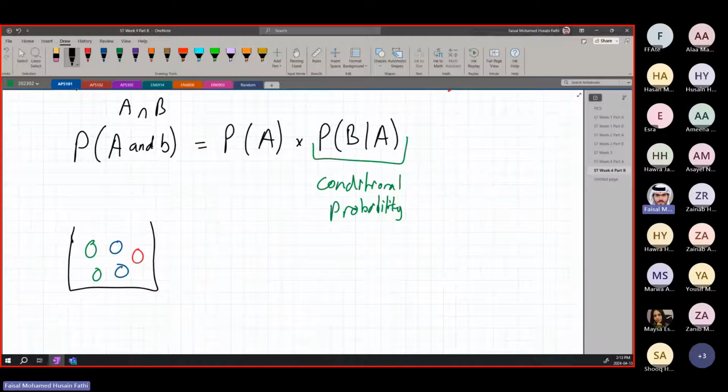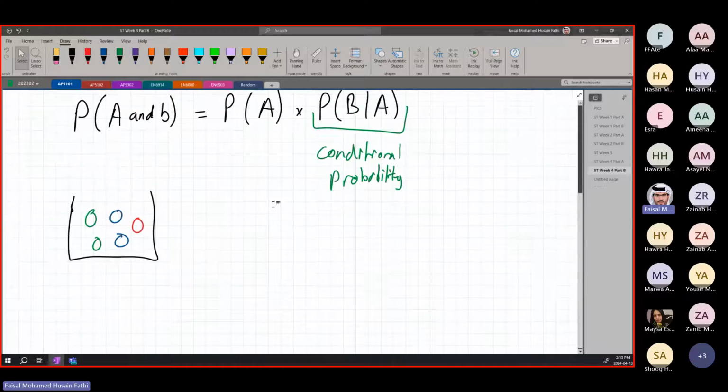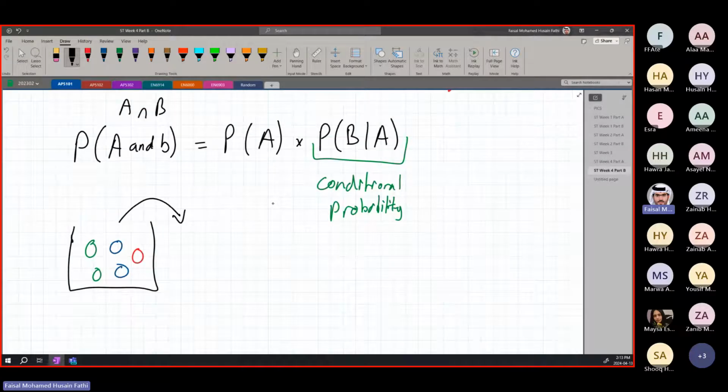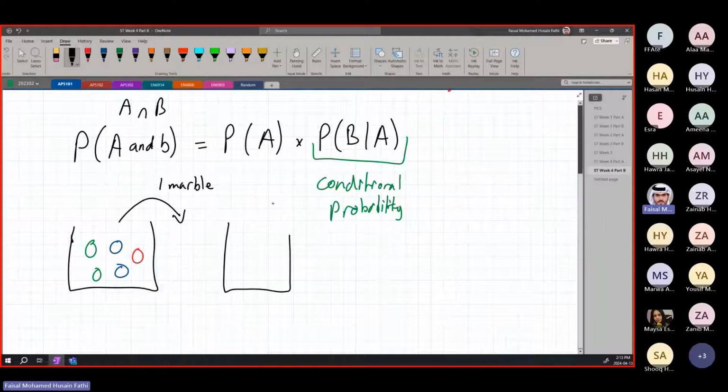If you take a random marble outside, let's say, for example, we took a green marble outside, the box will only be left with 1 green marble, 2 blue marbles, and 1 red marble. So here, if you notice, our sample space has changed.